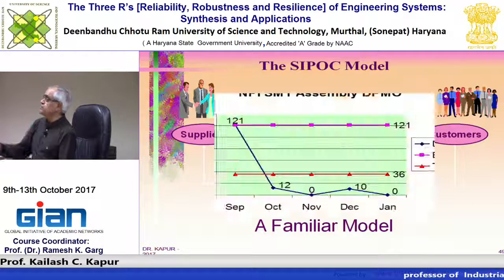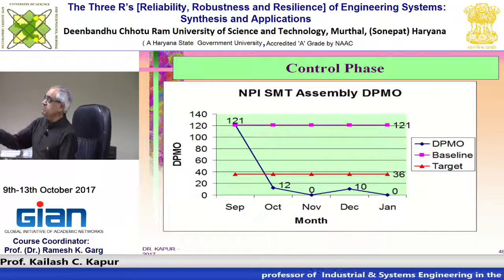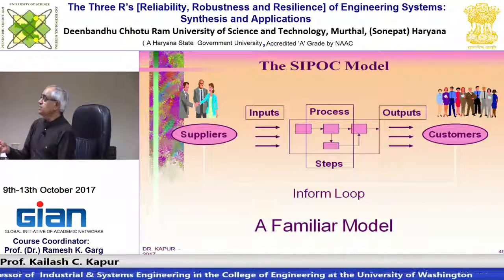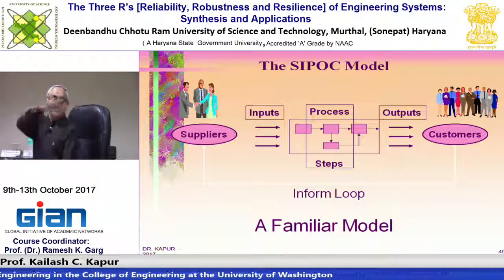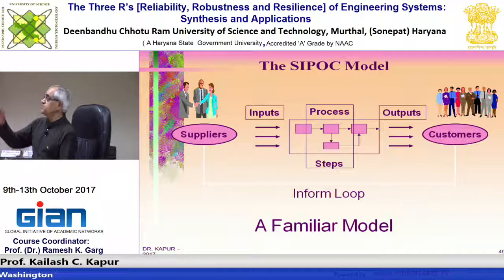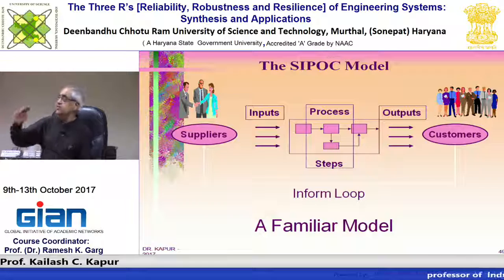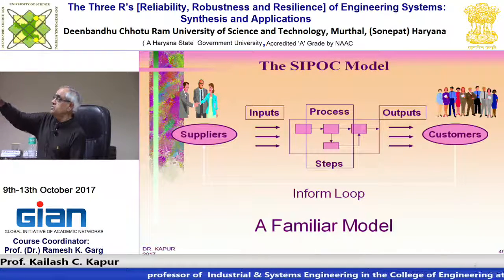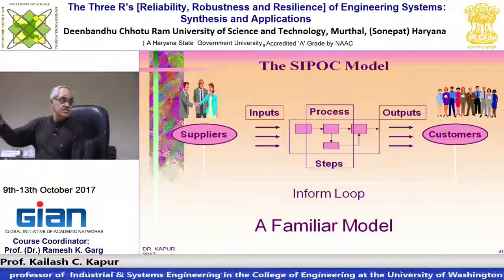Then you can always do the control. That's monitoring over time through a control chart. When you do process flow diagrams, people do all kinds of input-output analysis. You have inputs from suppliers, output to customers, then you have processes in between.